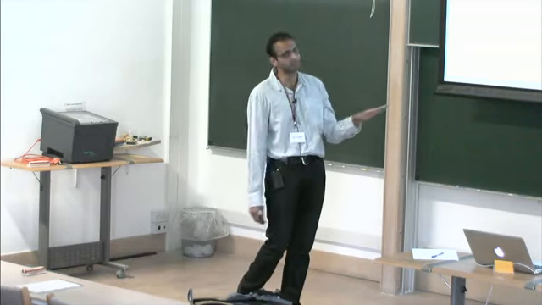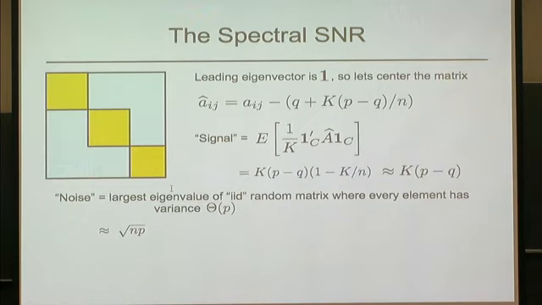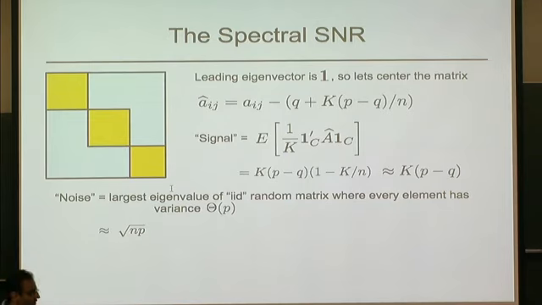So let's center the matrix by subtracting out the average. Now we have a new matrix A hat ij, which is Aij minus the average of the entire matrix, and the average will be pretty close to q plus k times (p minus q) divided by n. It's pretty easy to calculate.